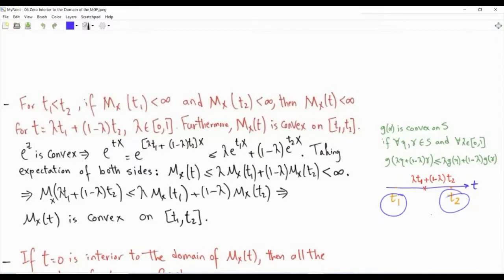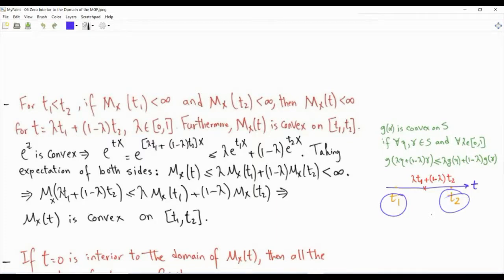I computed it at t1 and it is a finite number, and I computed it at t2 and it is a finite number. Then what can you conclude? The moment generating function will be finite at any value of t between t1 and t2. Moreover, between t1 and t2 it will be a convex function.